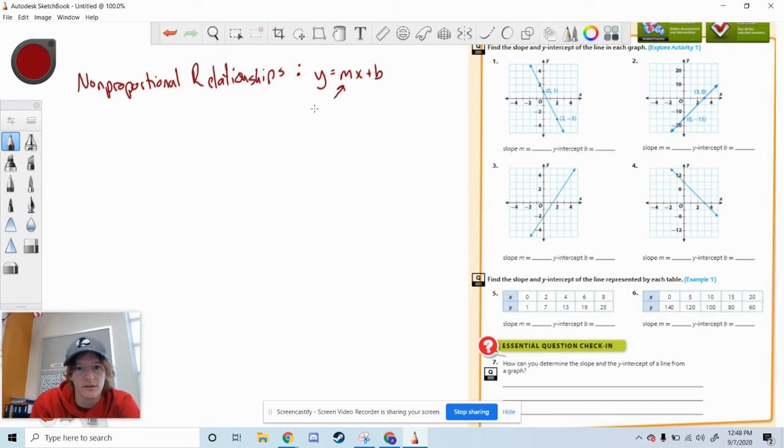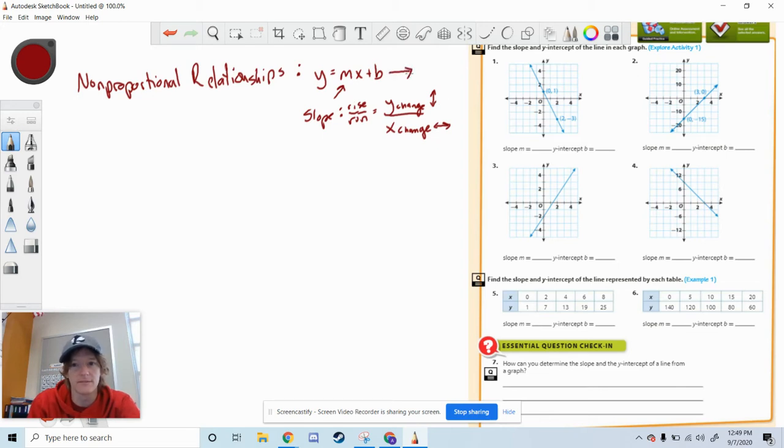M being our slope, which is found by rise over run. Another way you're going to hear me say this is the y change over the x change. Okay, so it's either moving up or down, and it's moving left or right. So it's our y change over our x change.